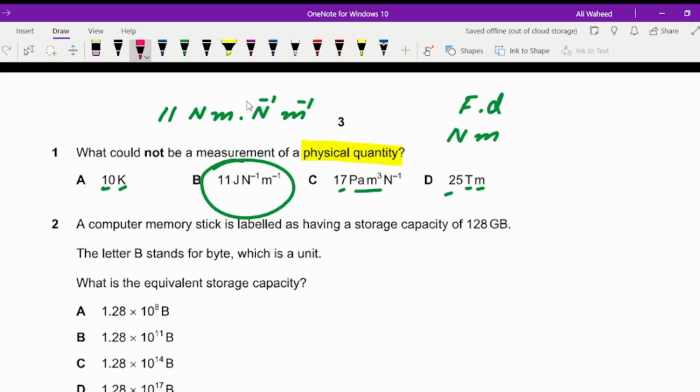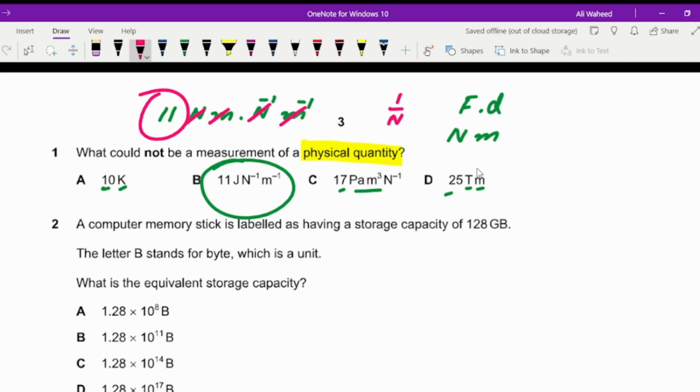Now you'll realize that Newton gets cancelled out by per Newton. Per Newton simply means 1 over Newton, okay? And meters gets cancelled out by per meter. And you're left with magnitude only. There's no unit written along with the magnitude.